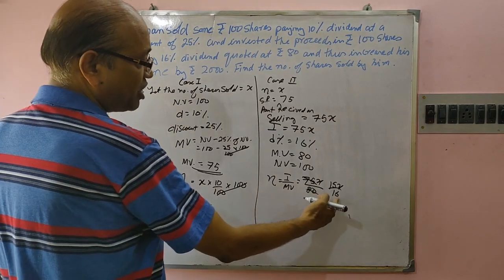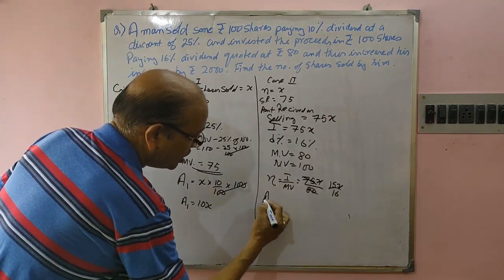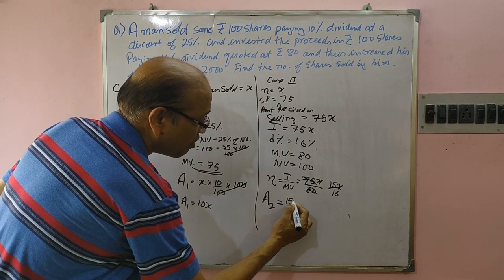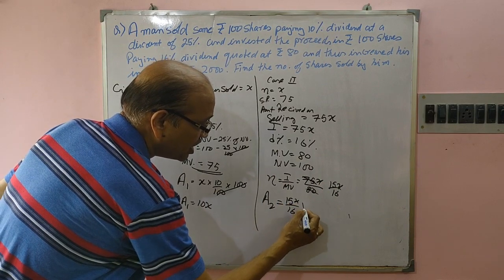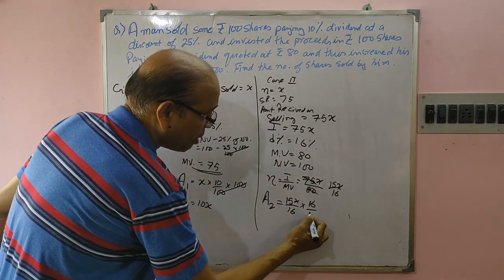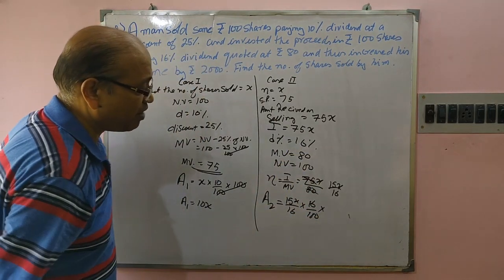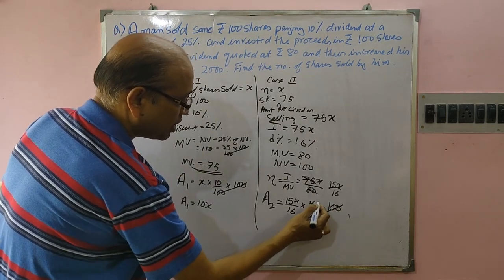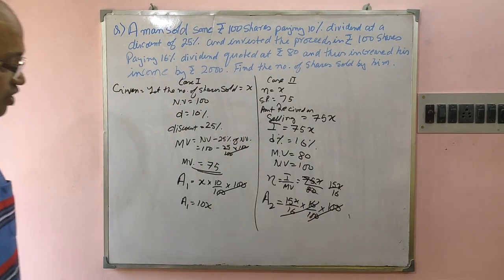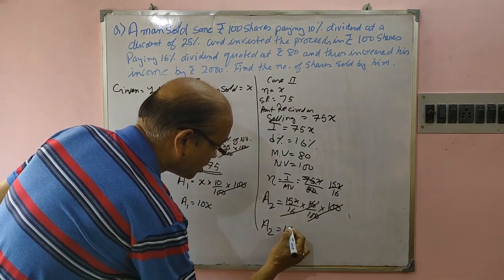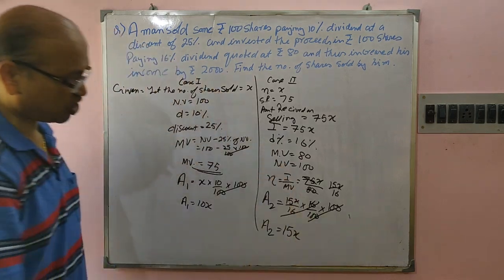Therefore the number of shares is 15x by 16. Now the income is number of shares, 15x by 16, into D percent, which means 16 by 100, into nominal value 100. So the annual income in this case is 15x.